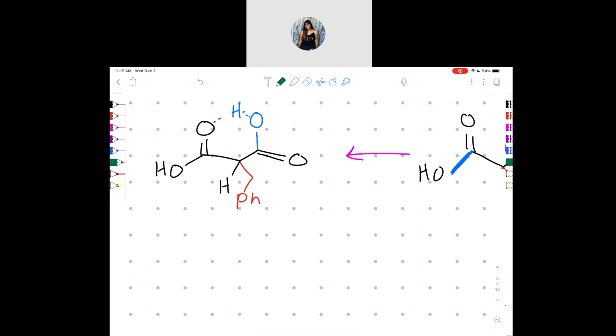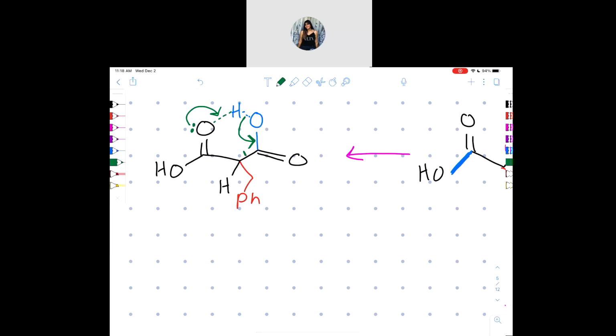The hydrogen is going to be stolen by the oxygen. So we're going to use these electrons to make a bond. And when we do that, this bond has to be broken, and those electrons are going to go over here and create a double bond.